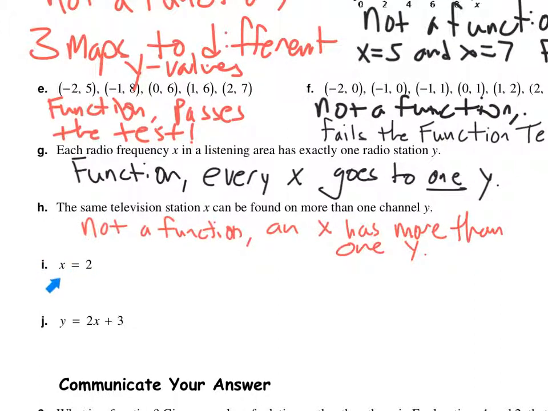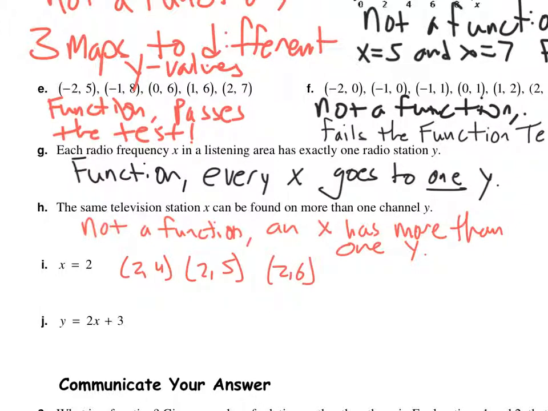Well, what about this? x equals 2. Well, if x equals 2, what's y? We've got to have a y. Well, x equals 2, (2, 4). There's a point that has x equals 2. Are there other points that have x equal 2? (2, 5). (2, 6).